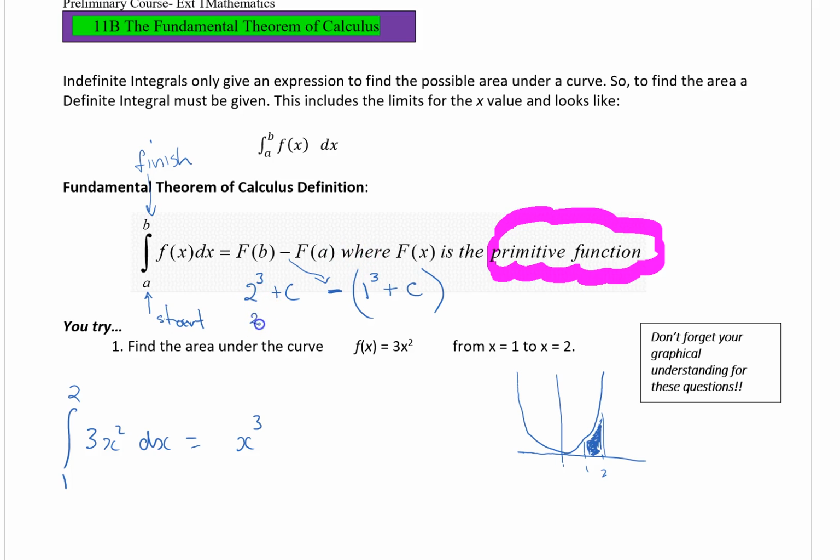Then we would have 2 cubed plus a constant minus 1 cubed, and a minus times a positive is a minus c, plus c minus c, the constants disappear. This happens every time, and that's the reason why we don't include the constant. We won't ever need to include the constant on a definite integral.